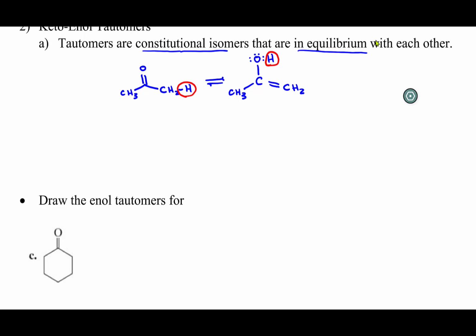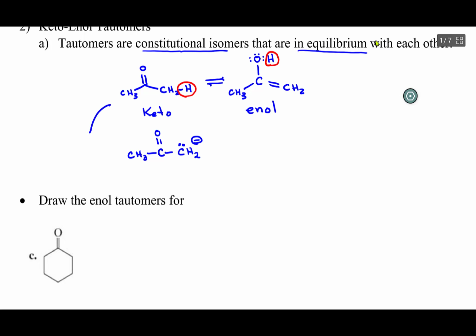And so I want to point out one more thing. This is a keto form. This is the enol form. Now, if you have the anion for the keto form, that is, you have this. So a base has reacted with it, and you end up with HCH2 here like this, and the lone pair and a negative charge.